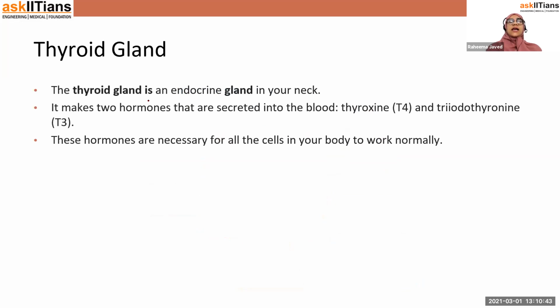Then the next gland is the thyroid gland, and it is present in the neck region, and it makes three hormones basically. Okay, two hormones are given here, thyroxine and triiodothyronine, which is T3. Why is it known as T4 and T3? Thyroxine is also known as tetraiodothyronine.